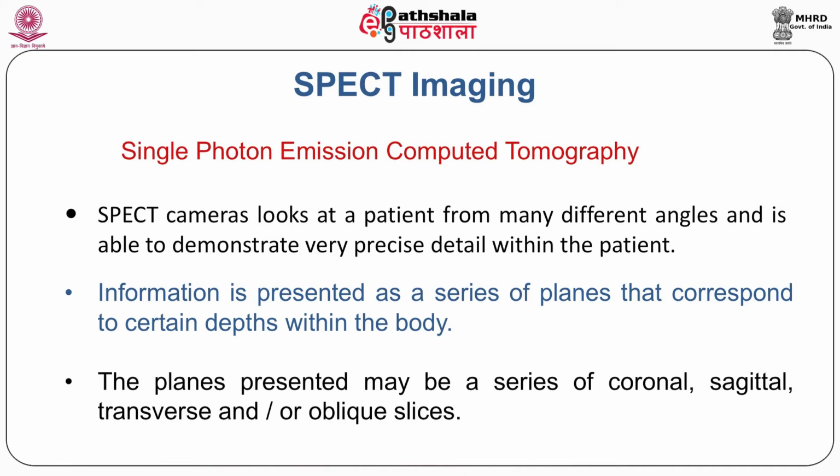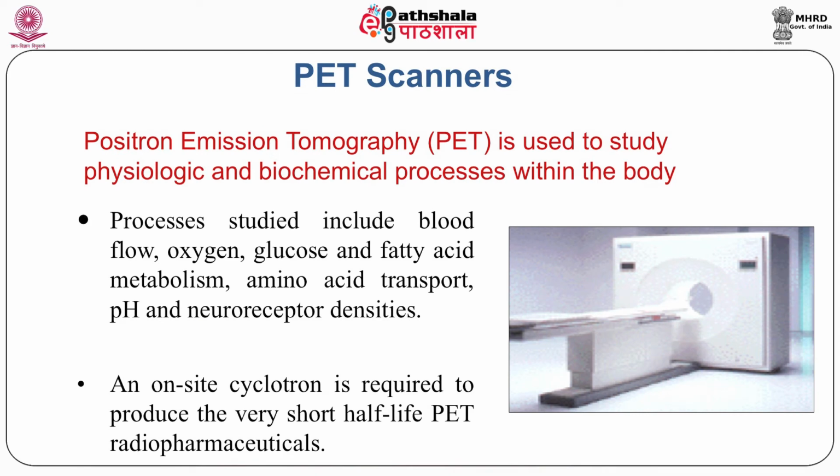It means the planes formed by the movement of the camera give coronal images, sagittal images, transaxial images, and then we have to use different kinds of algorithms to convert these images into a three-dimensional image, because you have to use some mathematics. Then we come across the PET images, or the PET scanner.